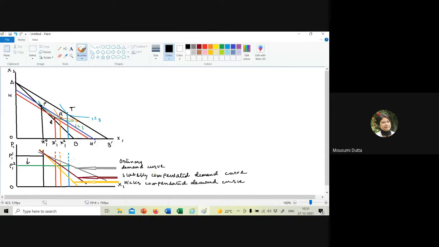Slutsky's approach you can continue without the indifference curve as well. If I have the data that individual used to purchase 3 oranges and 2 apples before any change in the price of orange, I'll be able to do that. What is his indifference curve? Slutsky does not bother about that. He is looking at the quantities consumed. So his focus is on the point, whereas Hicks' focus is on the indifference curve.